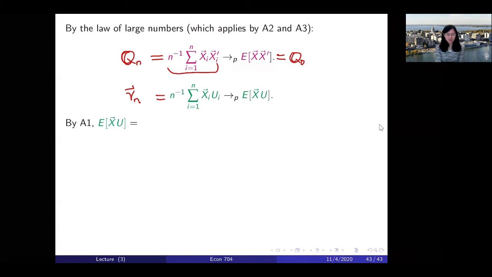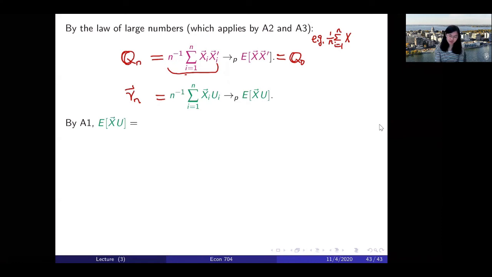The reason is every element of this sequence is a sample average of IID random variables. So for example, the first element is 1 over n, sum i from 1 to n. Actually, this is not the first element. The first element is 1. But that one is trivial.